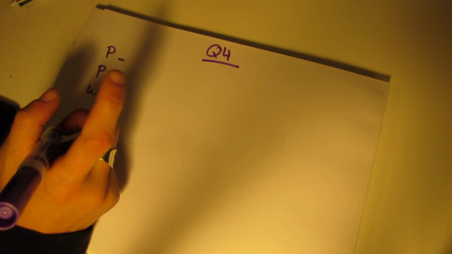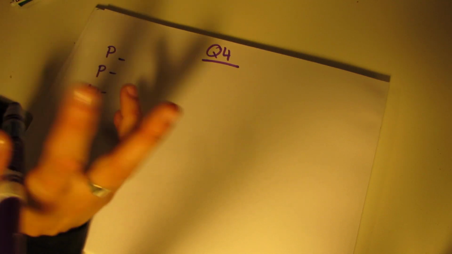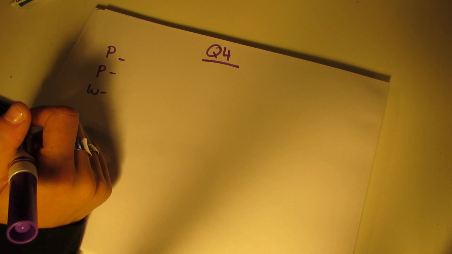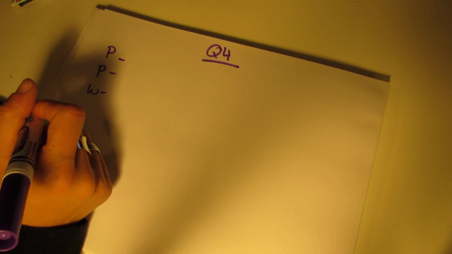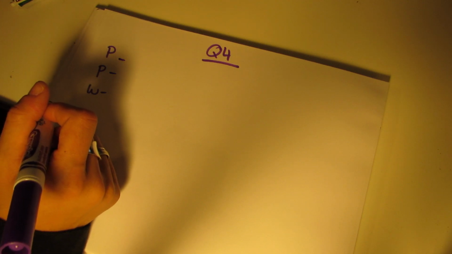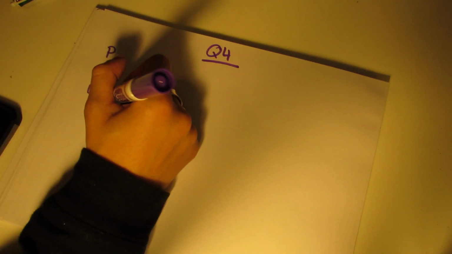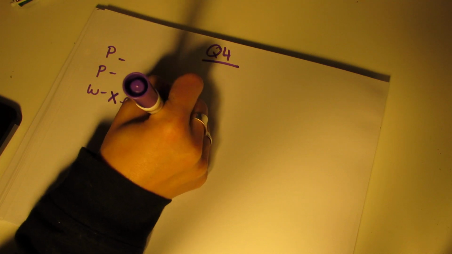The question says, how many free throws were attempted? Your key word is attempted. If you only attempt 10 free throws, that means you only took 10 shots in all, right? So how many free throws attempted is what we're solving for, and that is our whole. So X is the amount of free throws attempted.